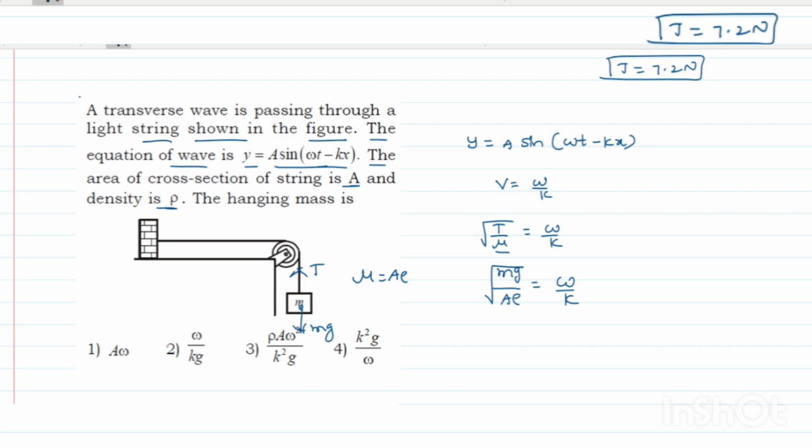Here we would like to calculate the hanging mass. We square both sides: mg by a into rho, the square and root get cancelled, and it equals omega square by k square. With this, the mass of the hanging body, cross multiplying, is omega square into a into rho by k square into g.